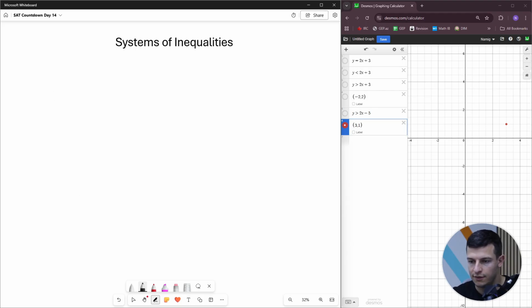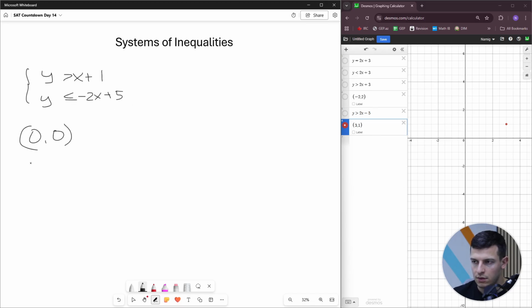I have a system of equations: y greater than x plus 1 and y less than or equal to negative 2x plus 5, and the question says find out whether 0, 0 or 0, 4 is in the region.